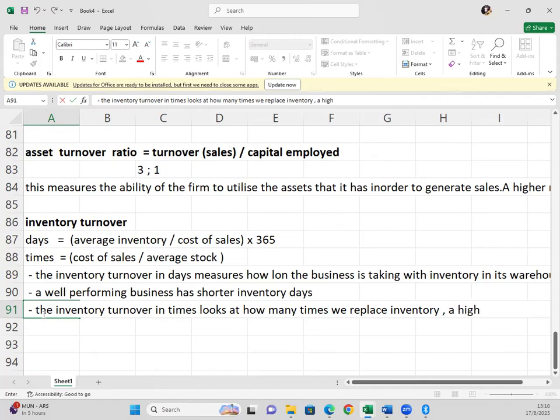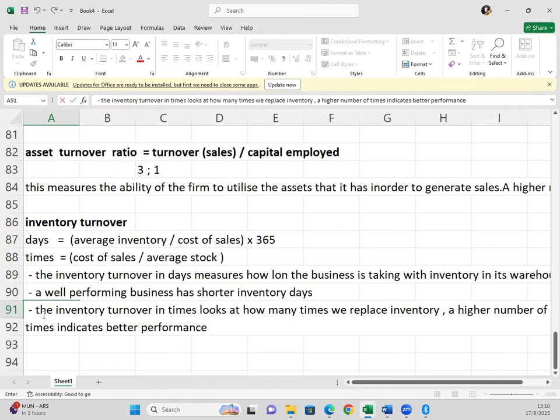A higher number of times indicates better performance. So if you are replacing inventory when it replenishes, how many times are we replacing?